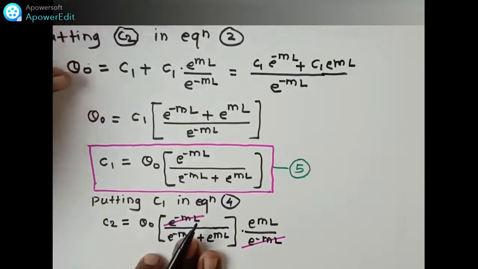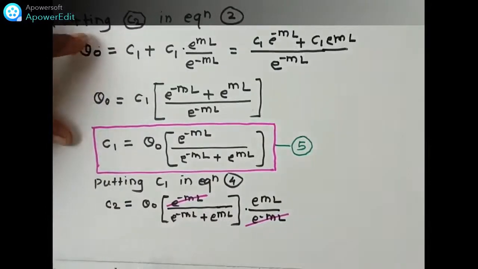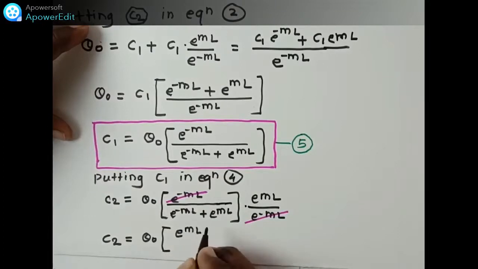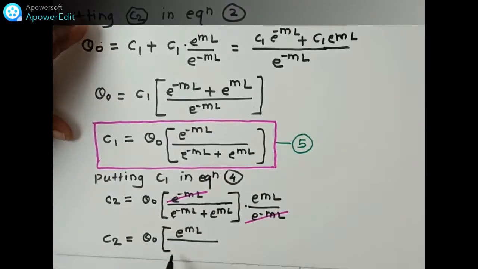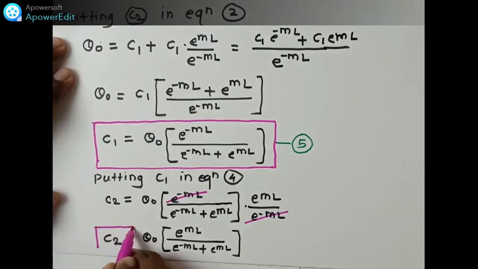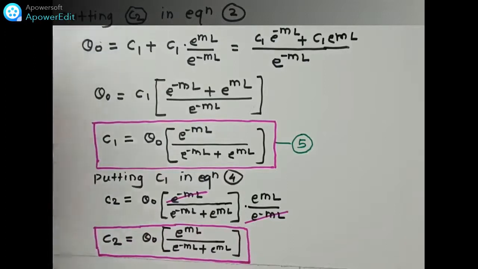So what remains, that is C2 is equal to theta 0 bracket e raised to ml divided by e raised to minus ml plus e raised to ml. So we here obtain the expression for C2. This is equation number 6.